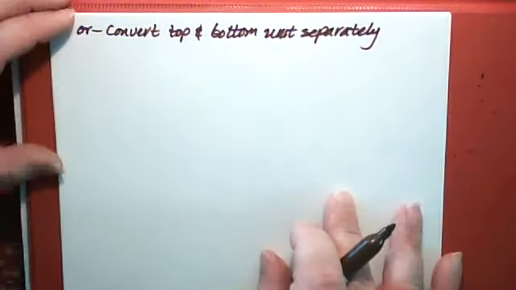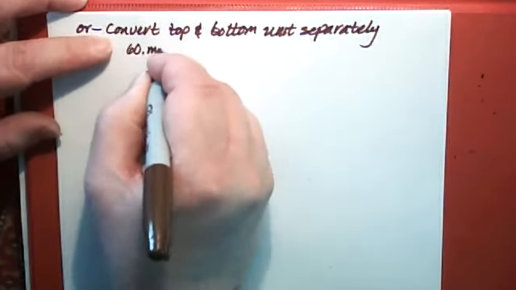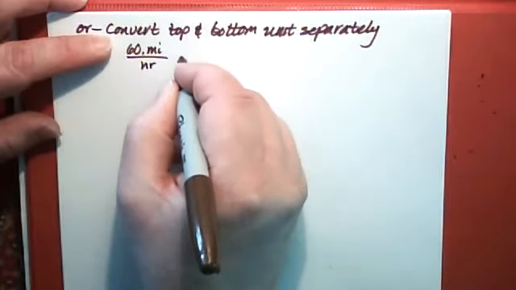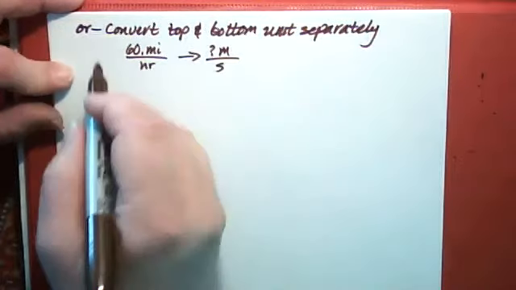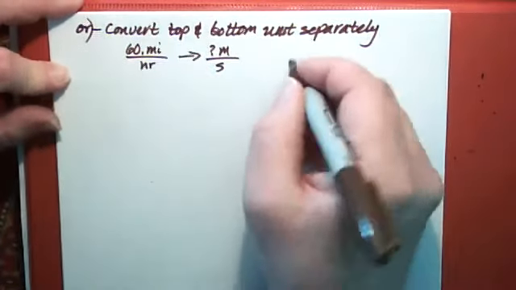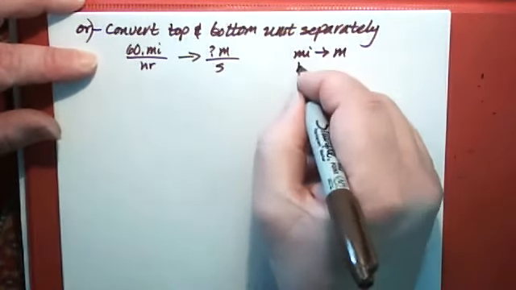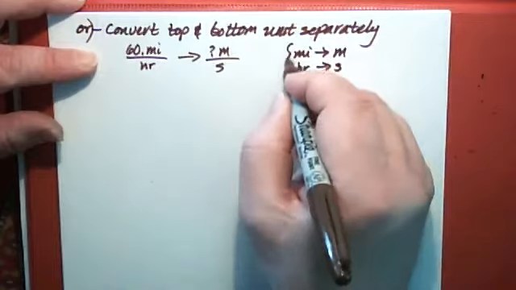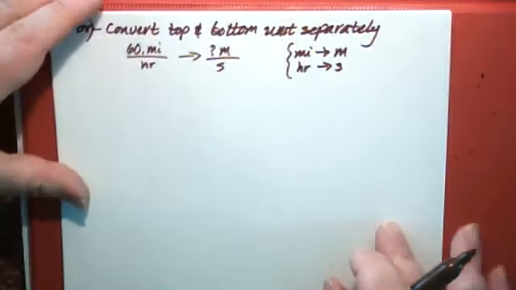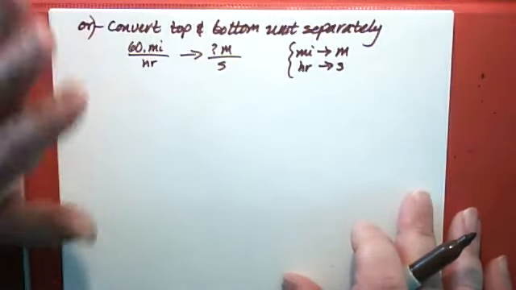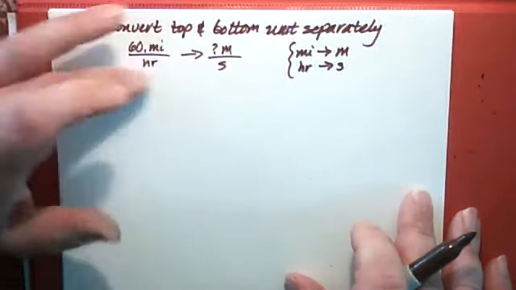Okay, so converting the top and bottom unit separately, in other words, what we have to do is convert miles to meters and hours to seconds. And we do that separately. If you don't have a conversion factor directly from miles per hour to meters per second, then what you would need to do is convert the top unit and the bottom unit separately.